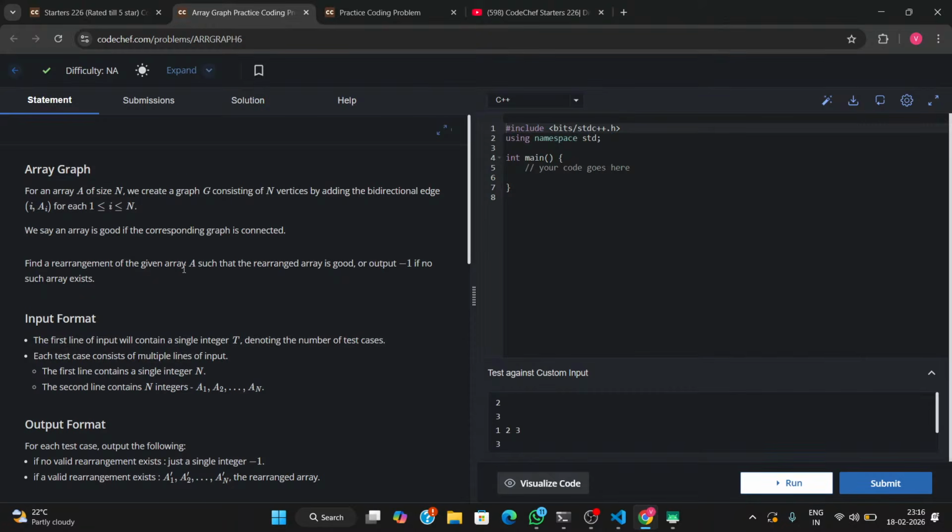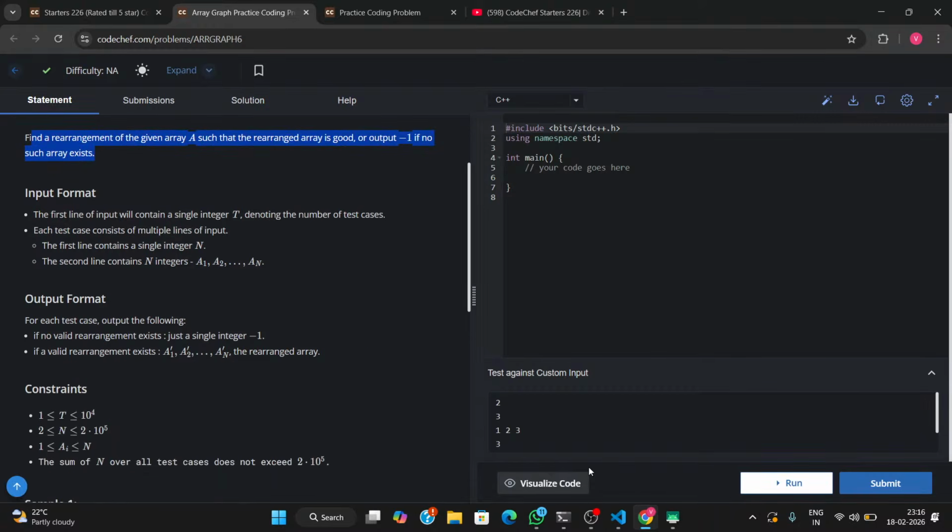We need to find a rearrangement of the given array such that the rearranged array is good, and output minus one if no such array exists. Okay. So now first of all, again, let's understand what the problem says. Fourth question.